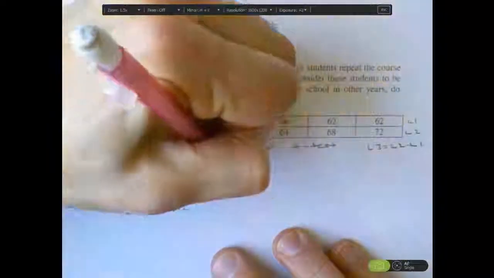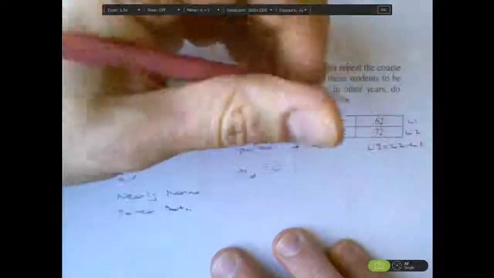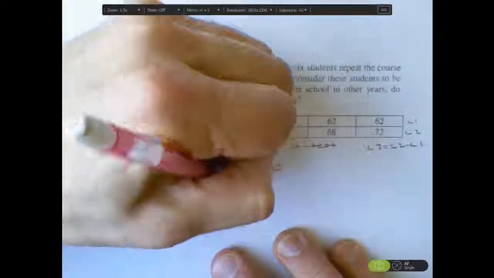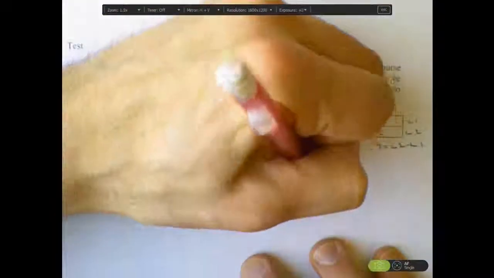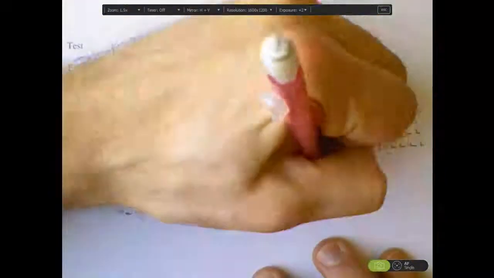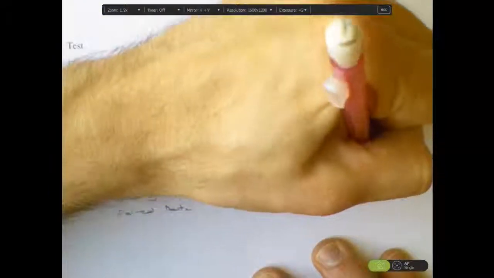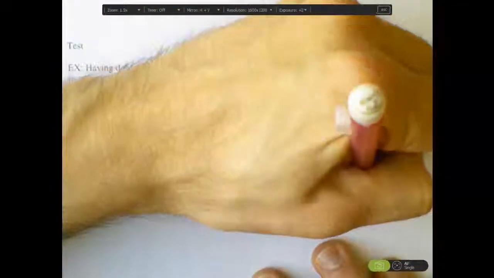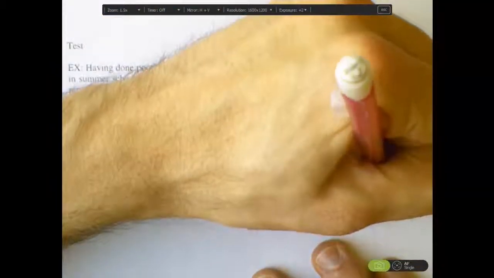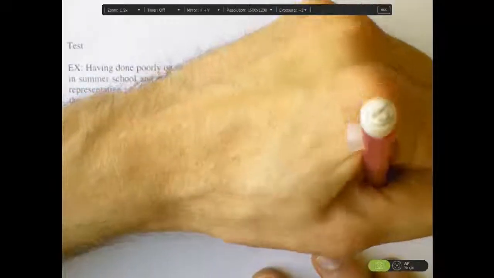I'm assuming that my null is there is no difference. I have a mean difference, d bar, in this case of 5.3. So when I calculate my test statistic, t sub 5, it's going to be that sample statistic minus the population parameter over my standard error, 7.44, divided by the square root of 6.